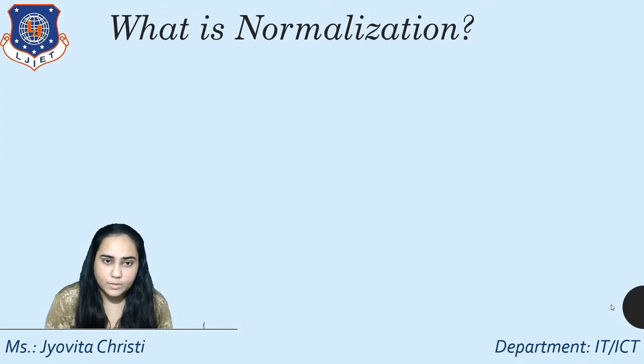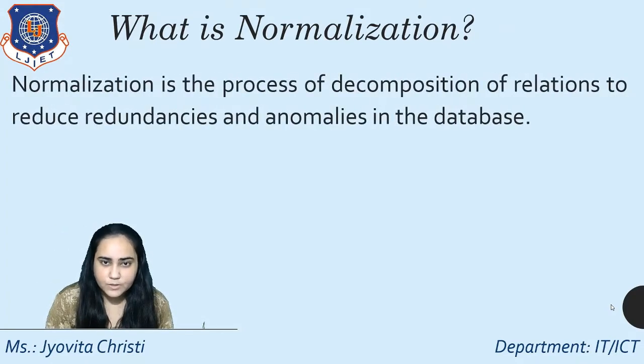So what is normalization? Normalization is the process of decomposition of relations to reduce redundancies and anomalies in the database. Redundancies mean a lot of duplication of data. You might be storing some data unnecessarily several times, and that leads to redundancies.